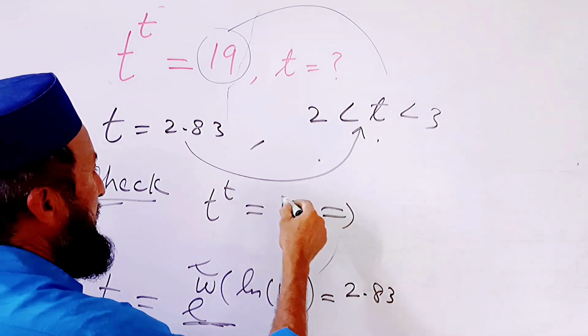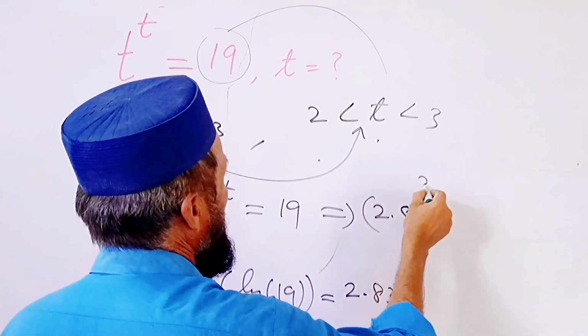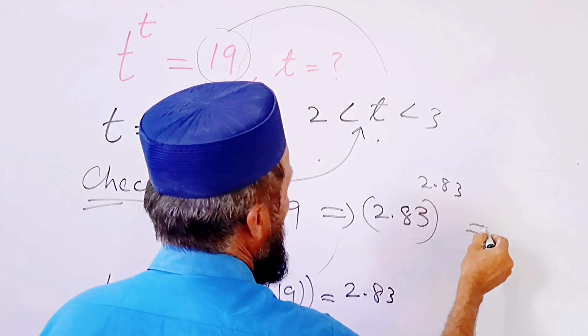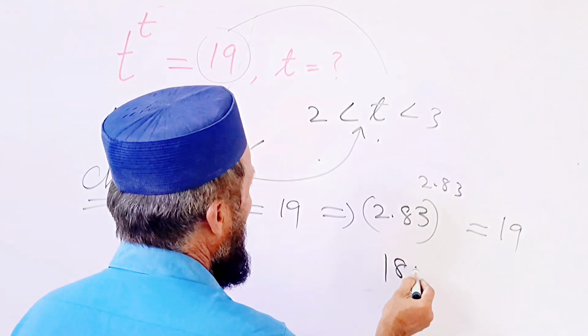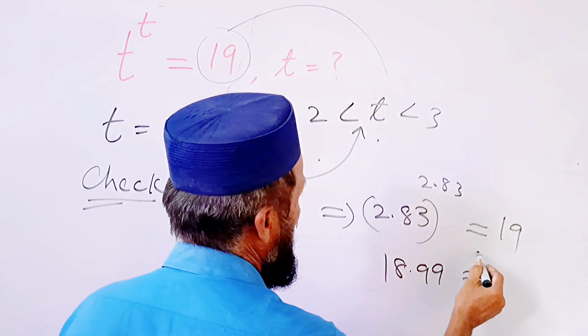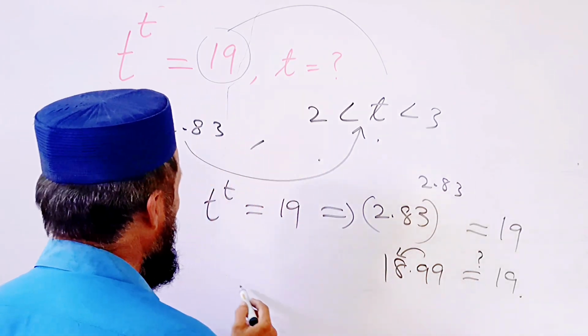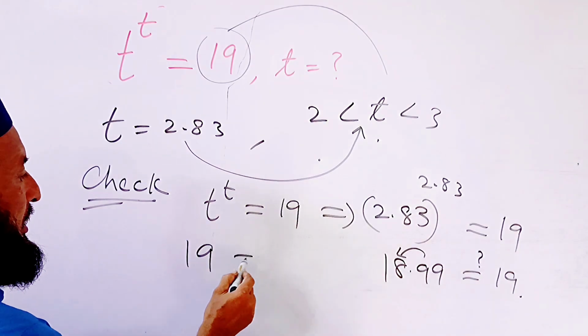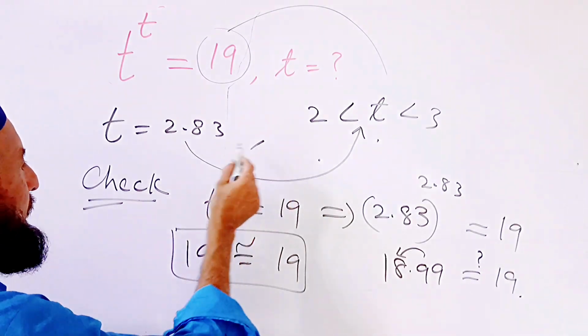If we replace t with 2.83, we are checking whether 2.83 to the power 2.83 is equal to 19. If we calculate and round this number, we get approximately 19. So our answer is correct.